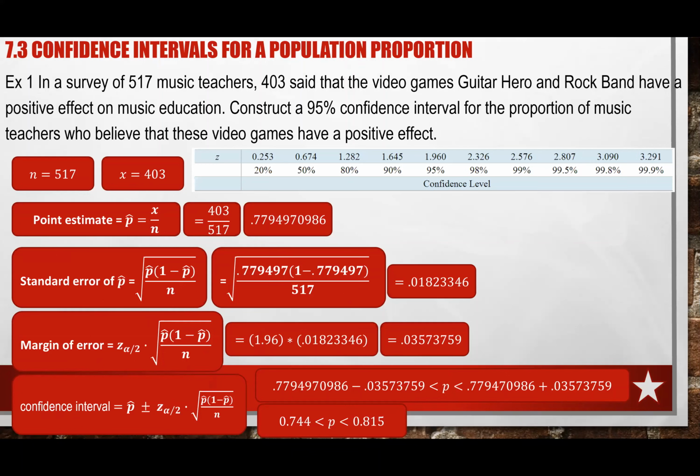And if I throw a bunch of problems at you, can you decide which one to use? Because that is the main objective of chapter 7. Do you know when I'm using the one prop Z interval? When do I use the Z interval? And when do I use the T interval? Because the calculation is, hopefully, easy. The hardest part is for you to decide.